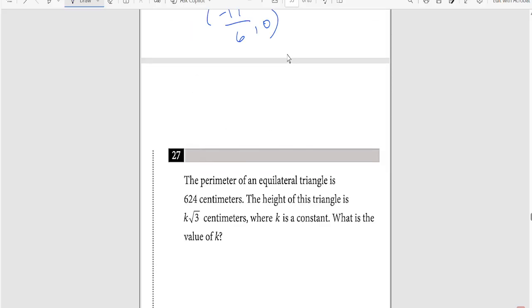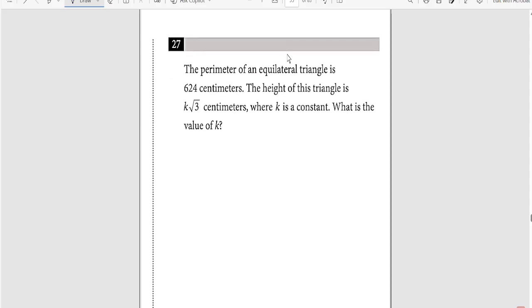Let's see the next question. So the perimeter of an equilateral triangle is given, and the height of the triangle is given. It is asking k. So in the height there is a constant k. That is what we have to find. So we know the perimeter of an equilateral triangle is, let's say I'm denoting it with p, 3 times side, right?